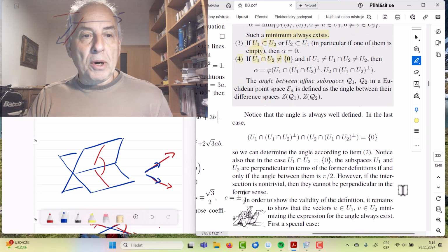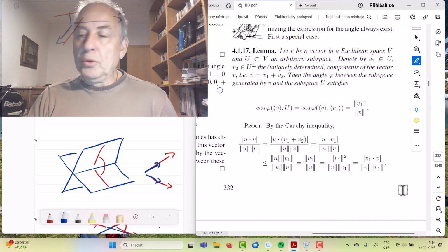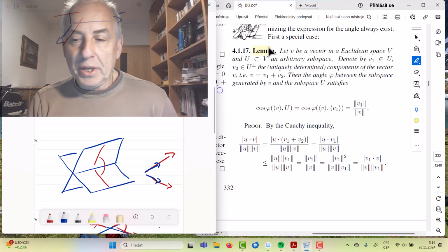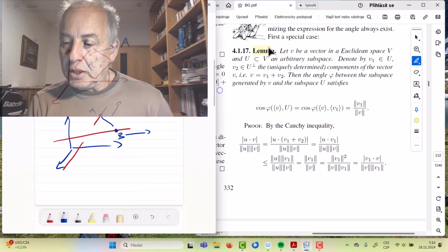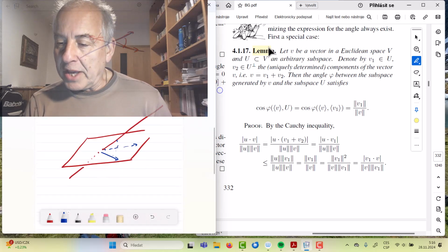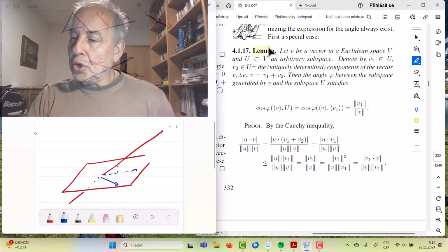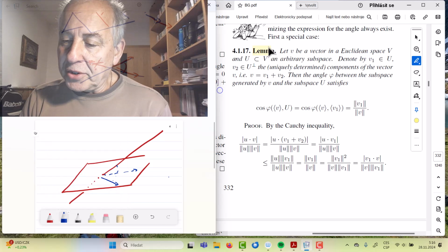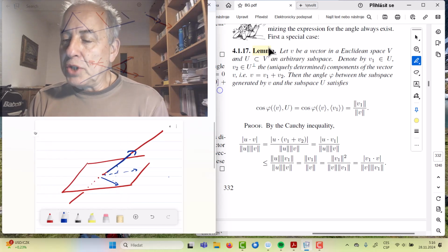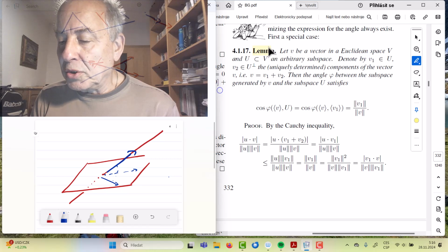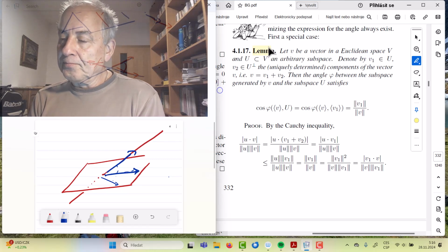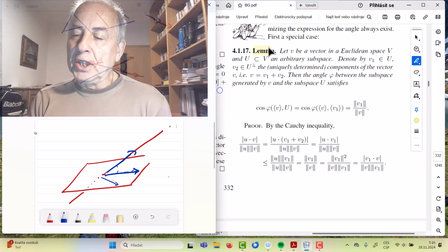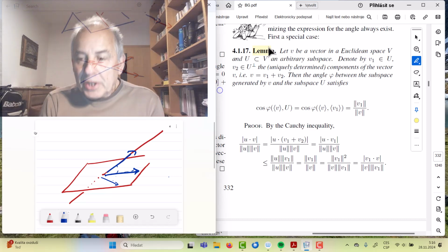So this is about the angle. Now how to compute the angle. The first lemma says how it works if we happen to be in a situation like here with the plane, so this one, right? So clearly what we can do is we take a vector here and we project it orthogonally to the right projection, which is this one, and the angle corresponds to how much the length of the original vector shrinks once we project.